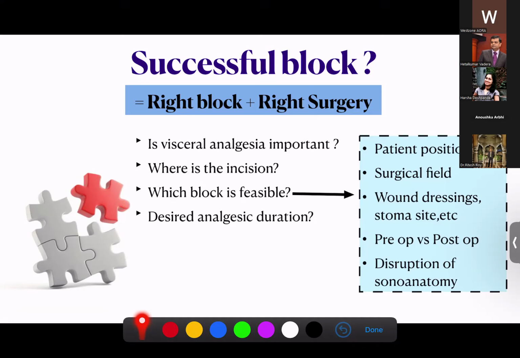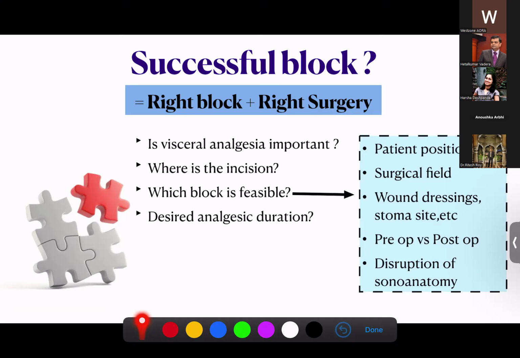The feasibility does not only depend on the surgery, but also on the patient position, whether we can change the patient position or lateralize the patient, and the surgical field involved. If we are planning a post-operative block, are the wound dressings or the stoma site coming in our field?